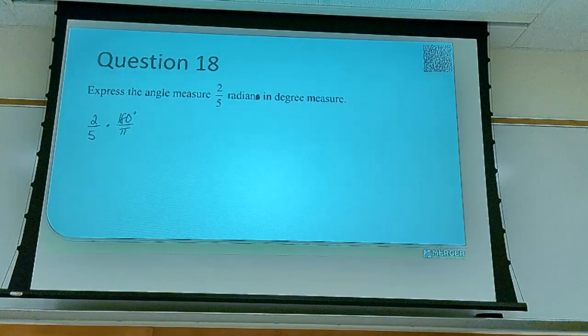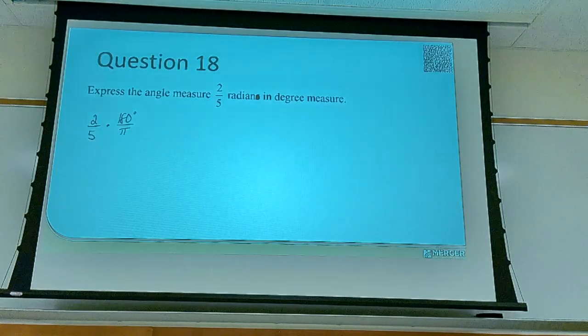The conversion factor is still 180 degrees over pi. 22.9. We're not going to use a decimal. Do you round it? 22? We don't do approximations here, because there's no decimals; 2/5 is an exact value.